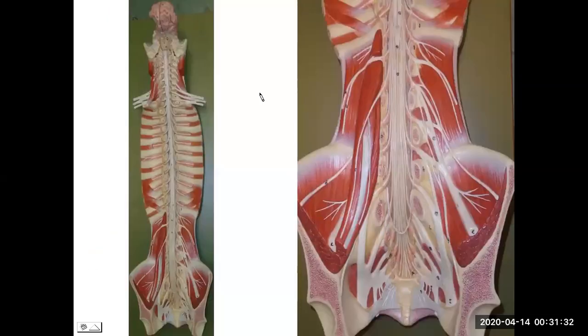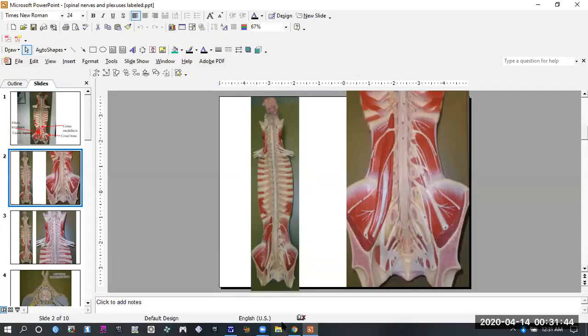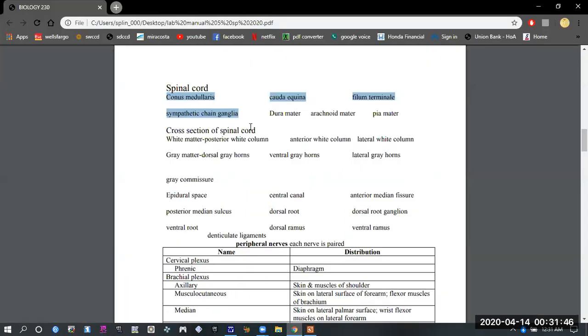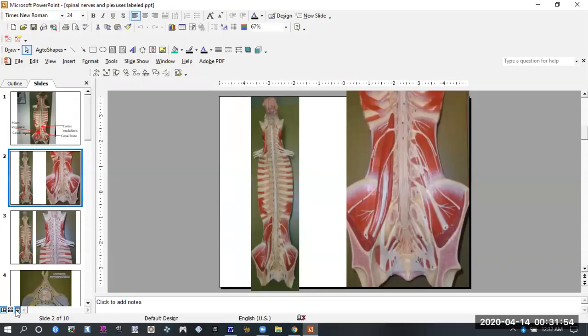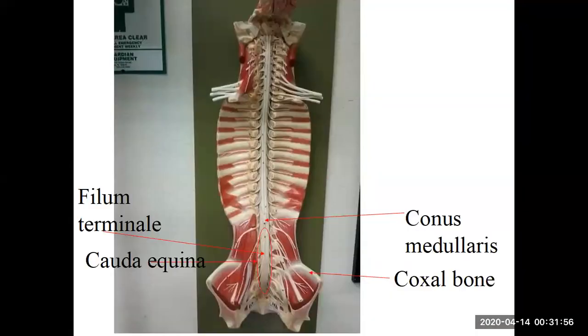And we could zoom in closer now, you notice, for that conus medullaris and the whole bundle hanging down from there. The cauda equina is referencing the entire bundle, whereas specifically the term here, the filum terminale, that's the direct midline of the cauda equina.